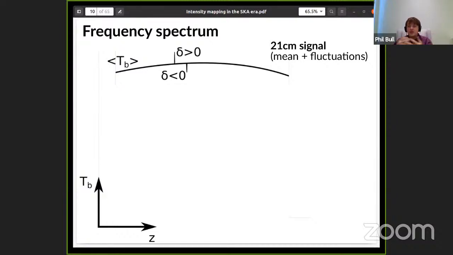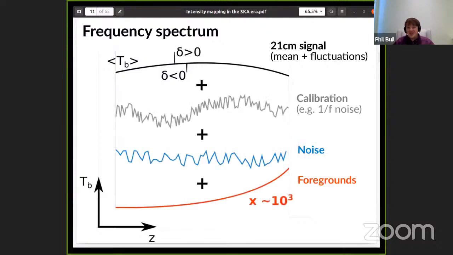And the opposite if there's more stuff there, if there's more 21 centimeter emission. And so by looking at the spectrum as a function of frequency and seeing these fluctuations going up and down, that's telling you how many overdensities and underdensities you have along the line of sight. And remember, this is a function of frequency, and frequency maps to redshift. So you can measure the distribution of matter as traced by neutral hydrogen along the line of sight as a function of redshift.